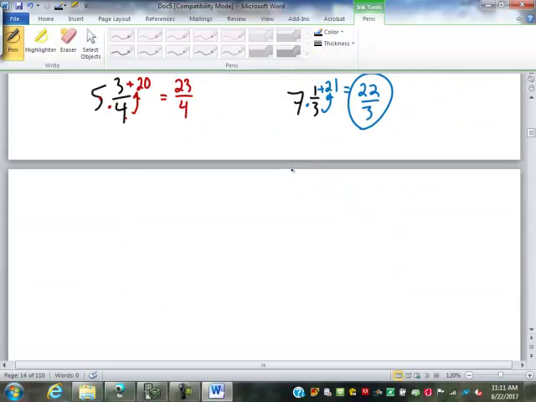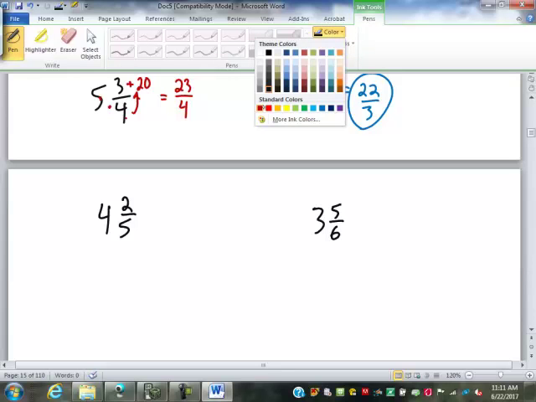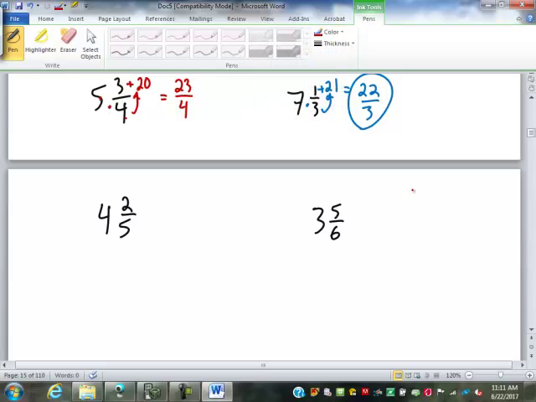In your notes, four 2/5, I want you to convert that back into an improper fraction. And 3 5/6. Convert that into an improper fraction. So 4 2/5.